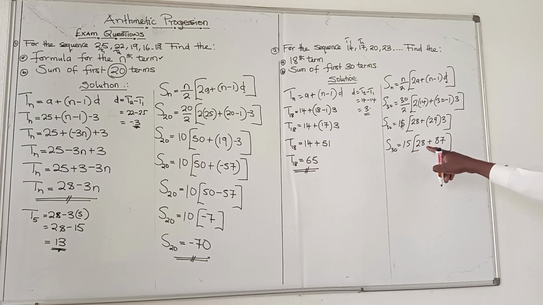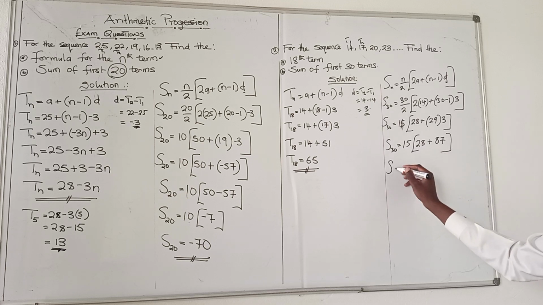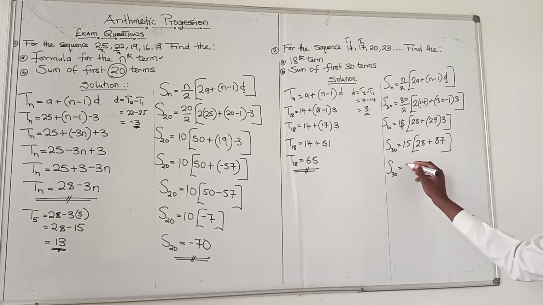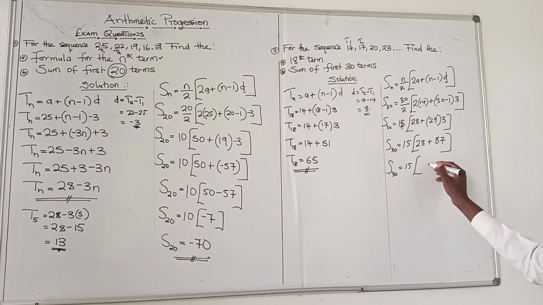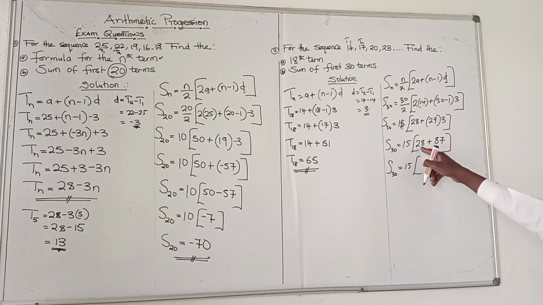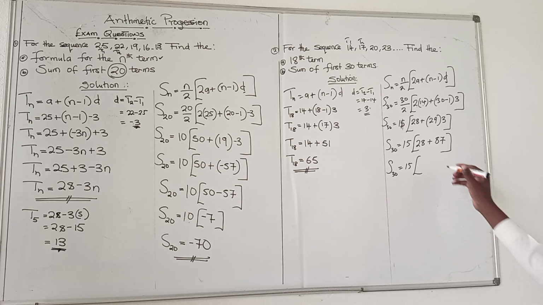So we add this. We're going to say S30 is equal to 15 times, 28 plus 87. What are we getting? 28 plus 87, we're going to get 115.